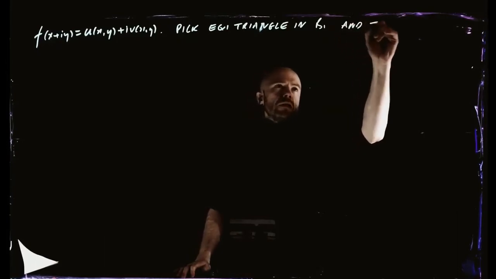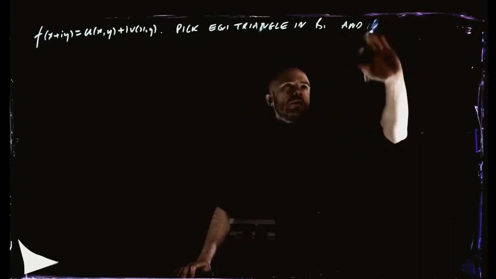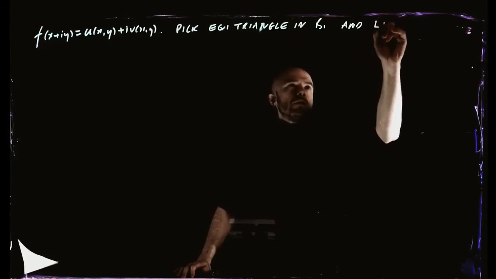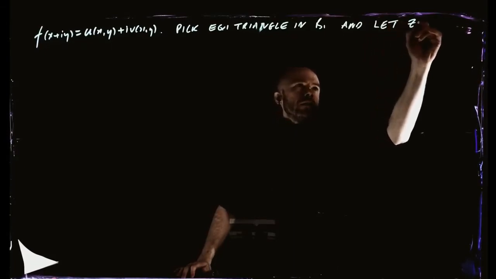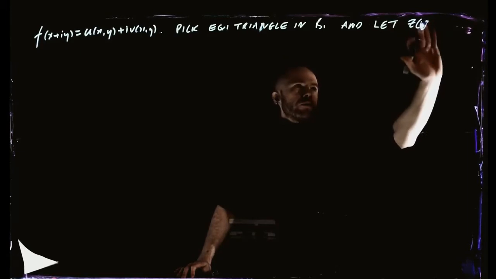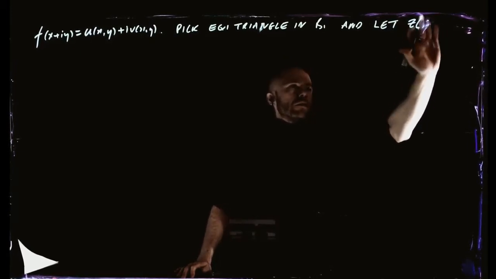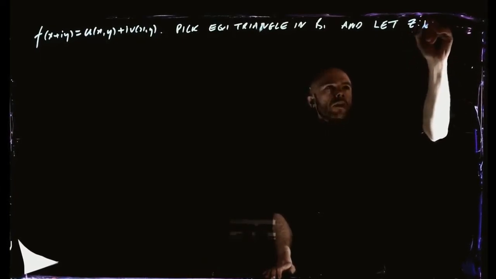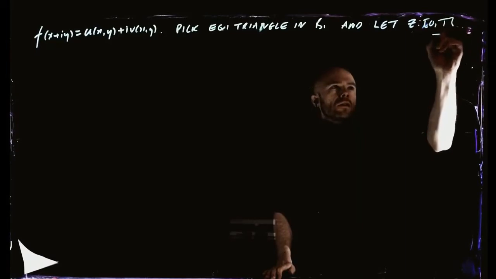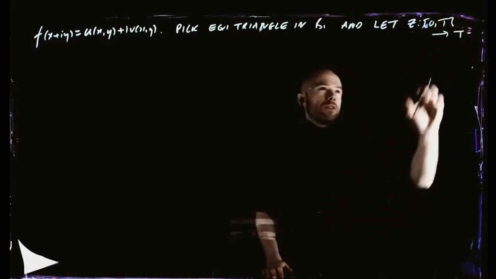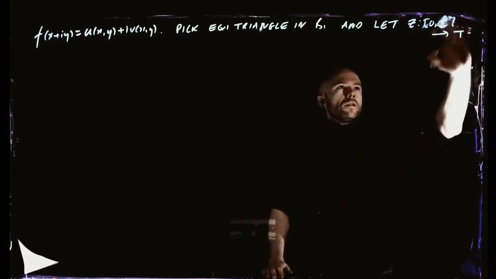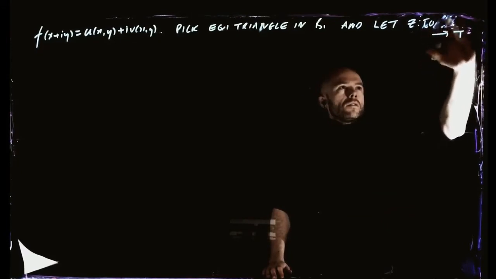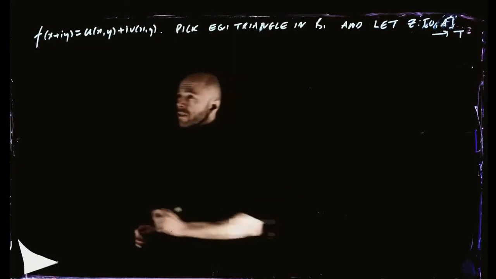And let z(t) be a parameterization of the triangle, going from 0 to a. Going into the triangle will be a parameterization.